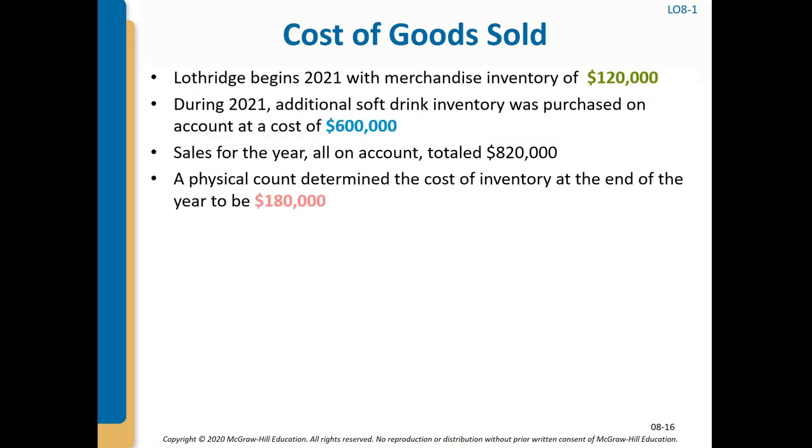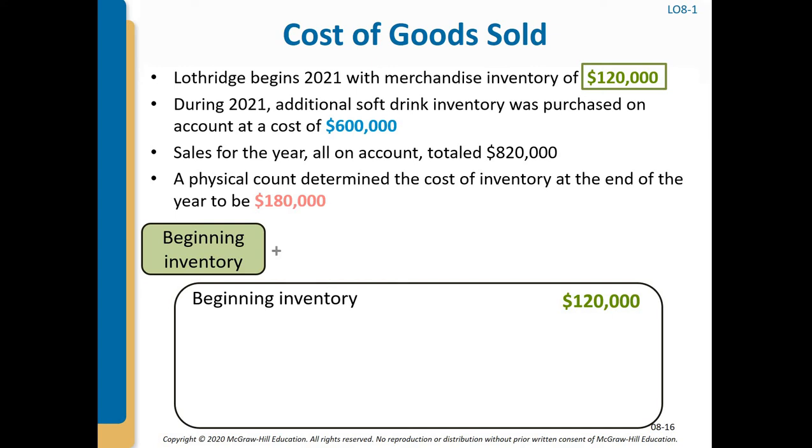For the cost of goods sold, the company begins the year with 120,000, then additional soft drink purchases of 600,000, and total sales of 820,000. The physical count determines the cost of the inventory at the end of the year to be 180,000.